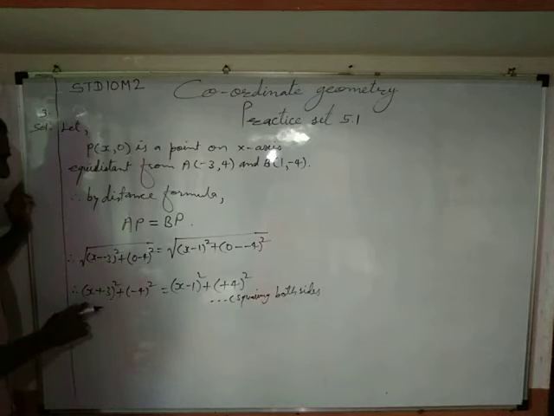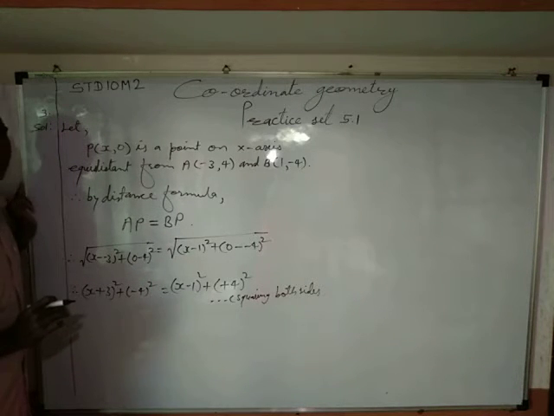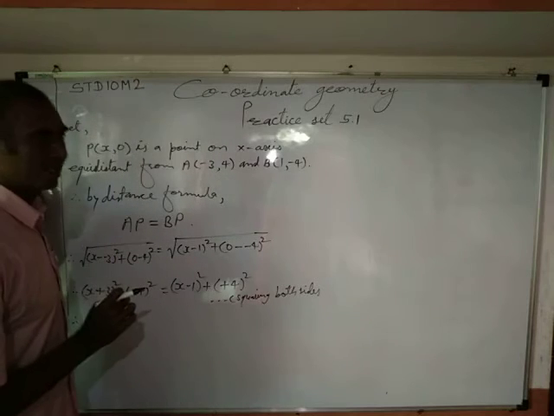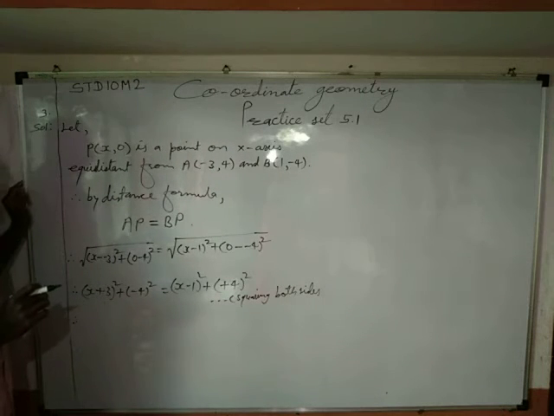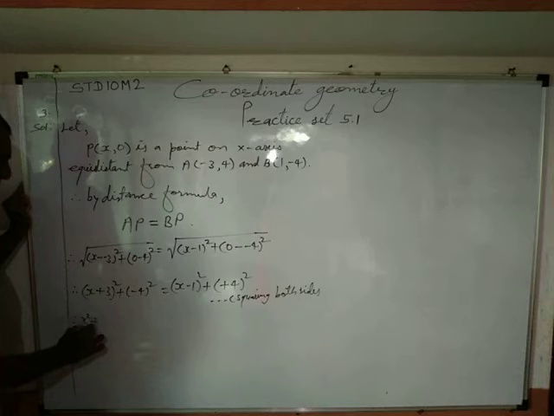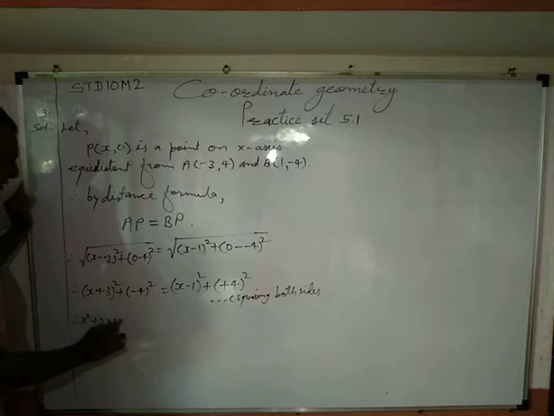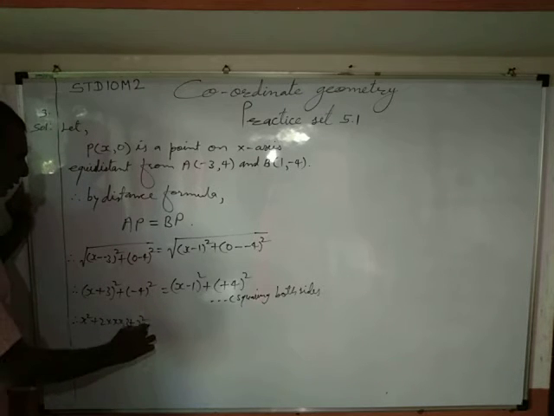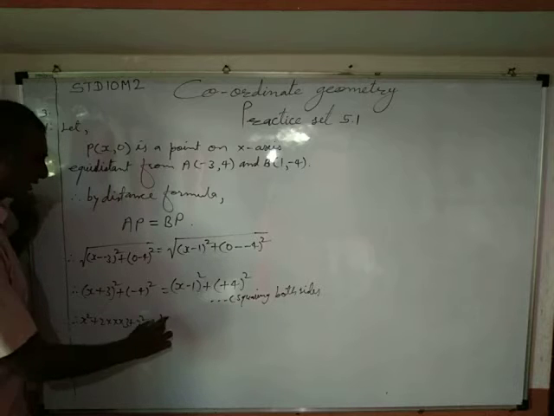Now it is in the form of (a plus b) square. The expansion of (a plus b) square is a square plus 2ab plus b square. Using this identity, we may write it as x square plus 2 into x into 3 plus 3 square plus square of minus 4 is 16.